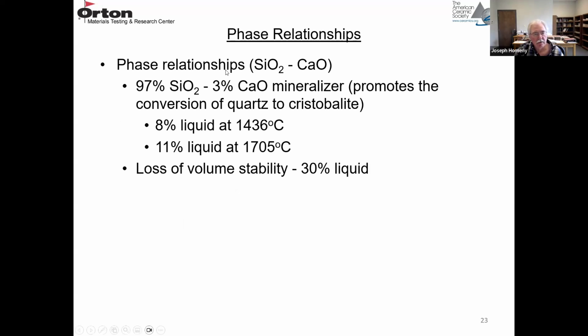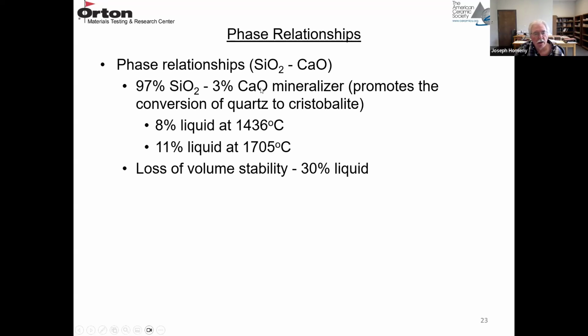The electronegativity difference between oxygen and silicon is small. So you have these strong covalent bonds. So we can look at the phase diagram for SiO2-CaO. A silica refractory runs about 97% silica and maybe 3% lime. And we just mentioned the lime promotes the conversion of quartz to either tridymite or cristobalite.